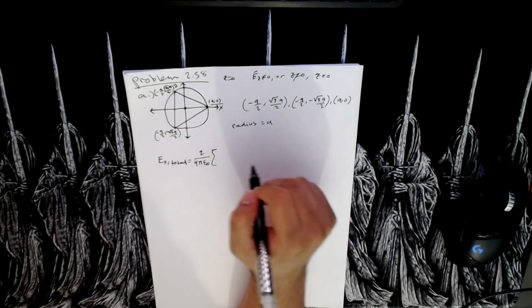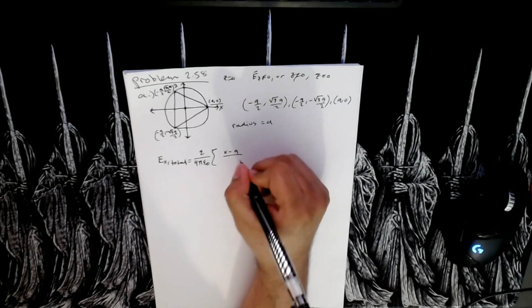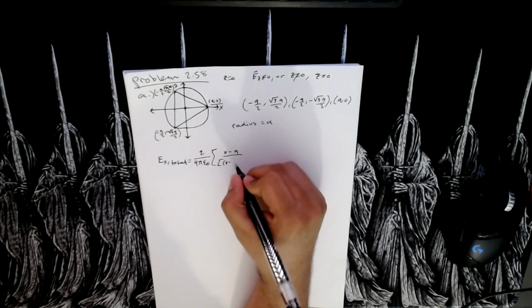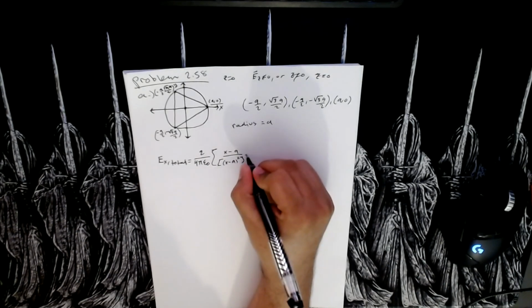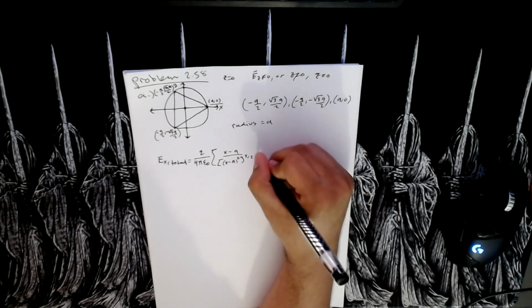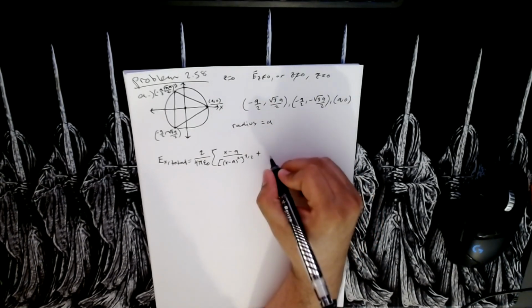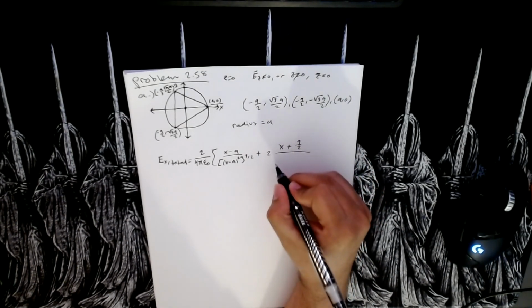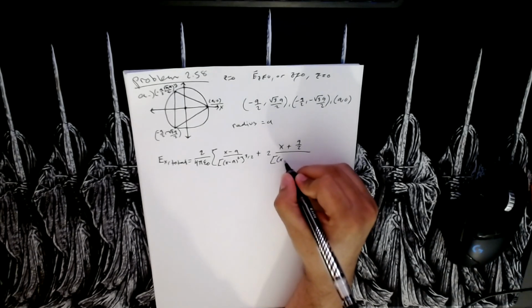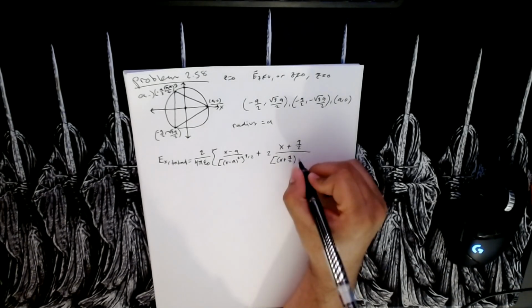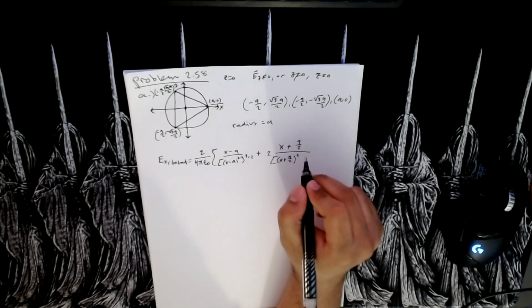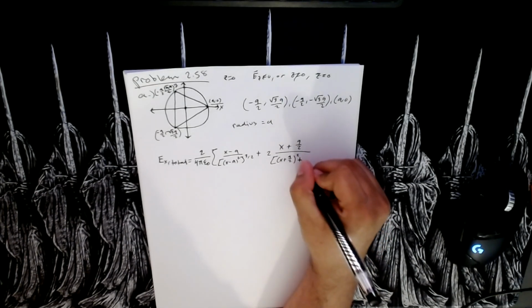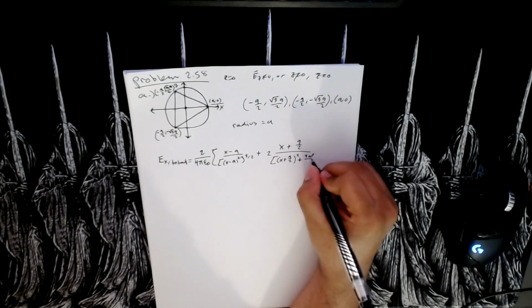Then we're going to have (x minus a) squared, plus (x plus a over 2) squared, and because they're squared, we have 3a squared over 4.